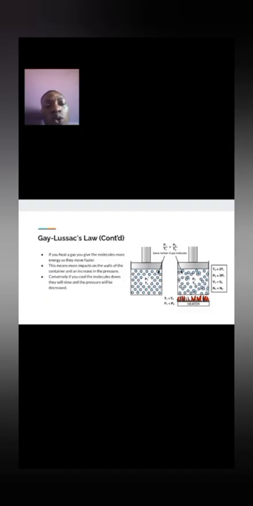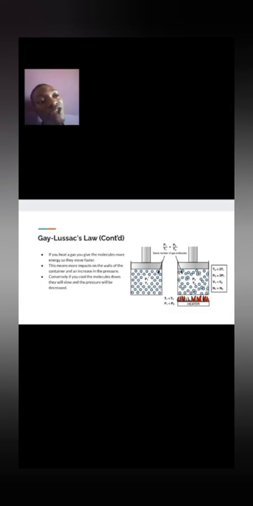Conversely, if you cool the molecules down, whereby you remove the energy, they will slow down and the pressure will decrease. Which means if you remove the temperature, it's just like boiling water. You put water on the fire and you increase the fire, and the fire is very hot. You see that the water will be shaking and trying to fight and giving pressure, boiling like that.